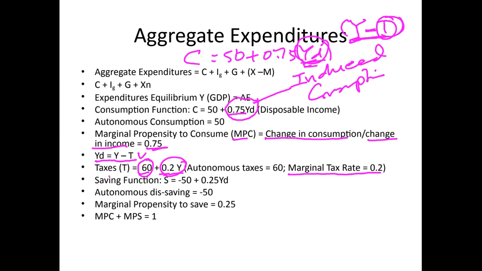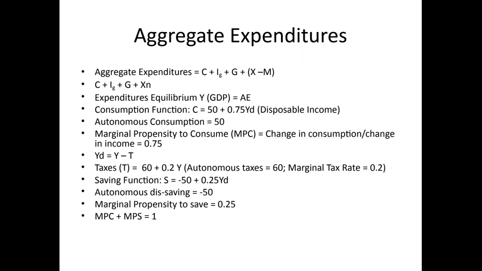Then we have the saving function. The saving function is exactly the opposite of the consumption function. See this, the consumption function is already given here, so let me underline it. This is the consumption function.